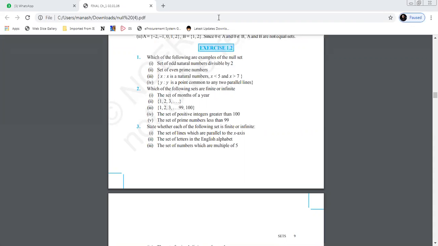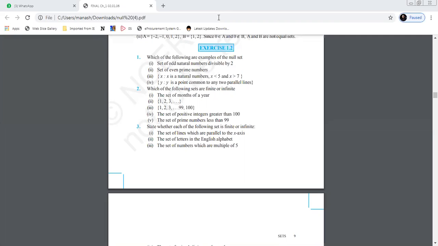And x greater than 7 means it starts from 8, 9, 10, proceeding in this way. Now, is it possible that the same number is less than 5 and greater than 7?